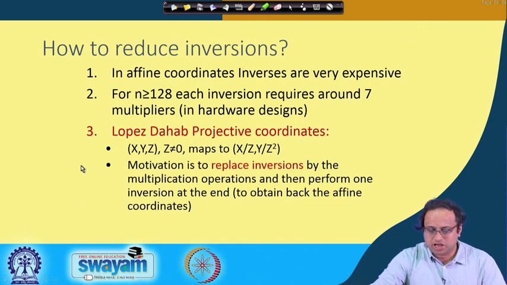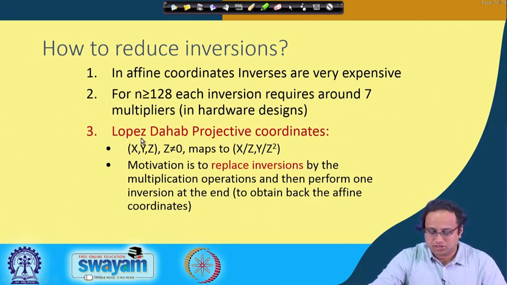So let us see how we can reduce the number of inversions in a more concrete case. I hope that this will become more clear. Okay. So in affine coordinates, inverses are very expensive. For n greater than or equal to 128, each inversion requires around 7 multipliers in hardware designs. Okay.